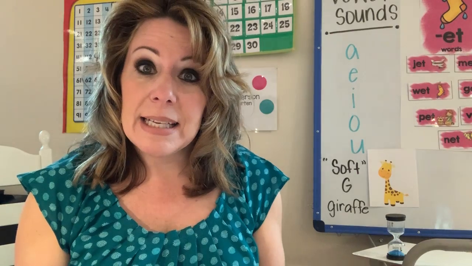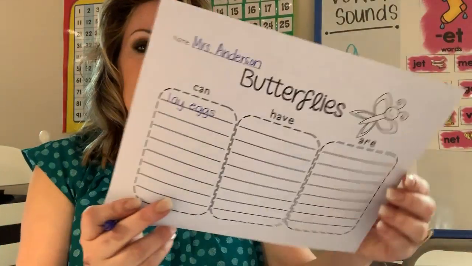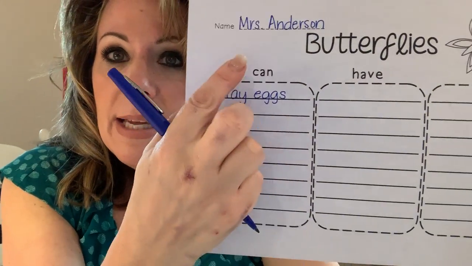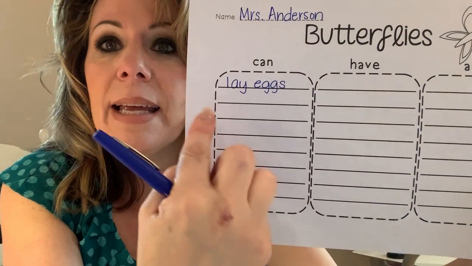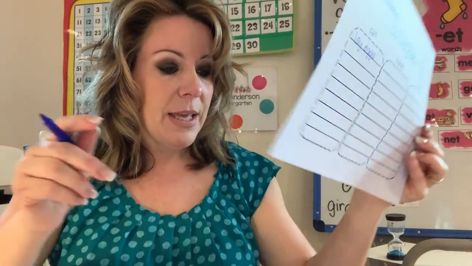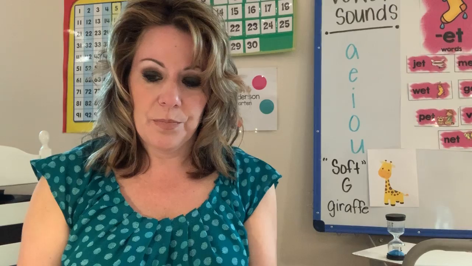They can lay eggs, right? So we want to write lay eggs. We're not writing in big sentences to start it all off. We just want to write some notes, and so you can see here, it says butterflies can, and I wrote lay eggs. That's something that they can do.